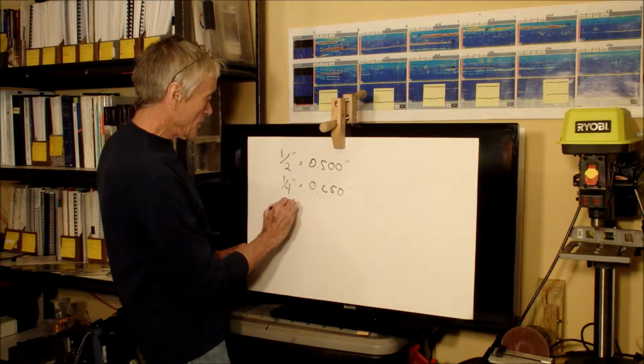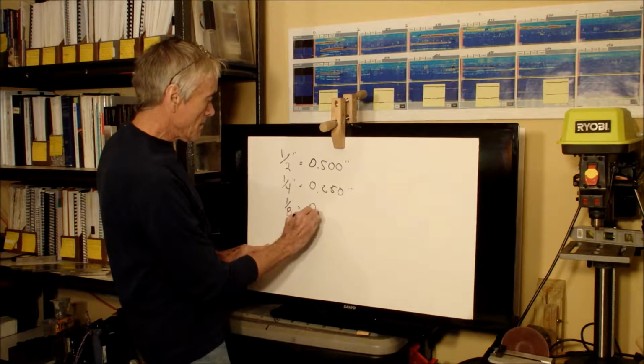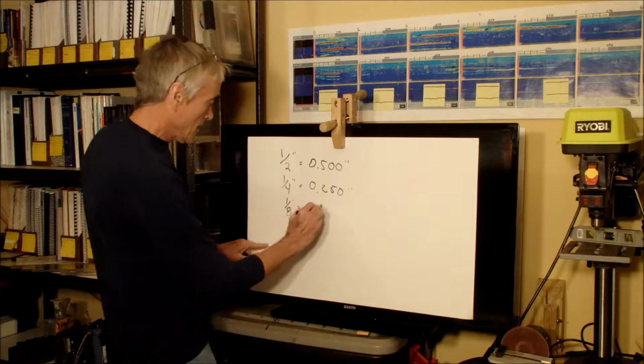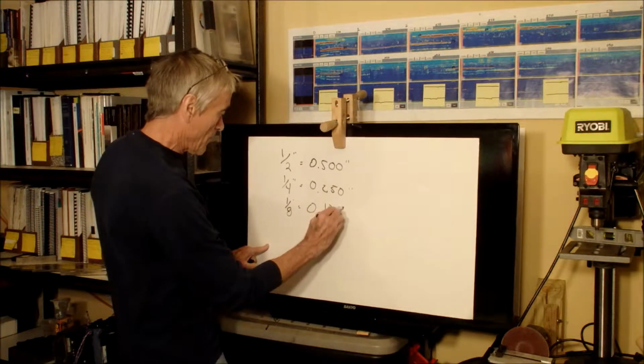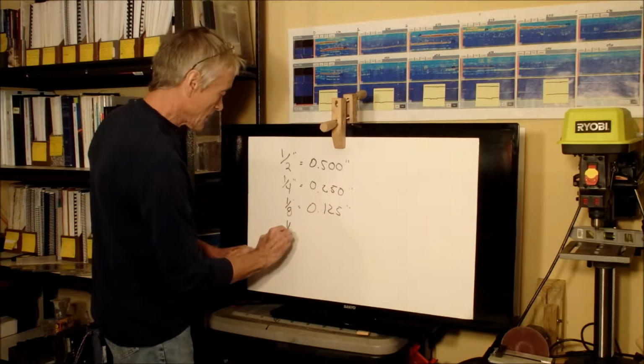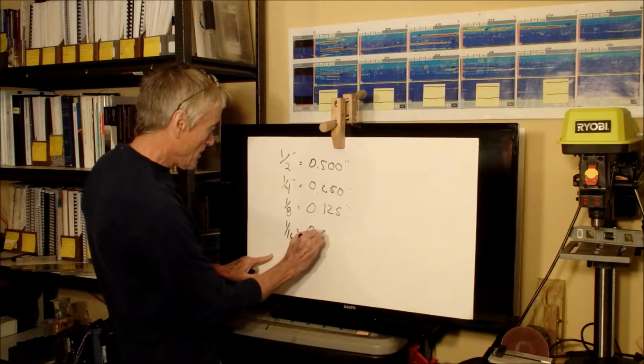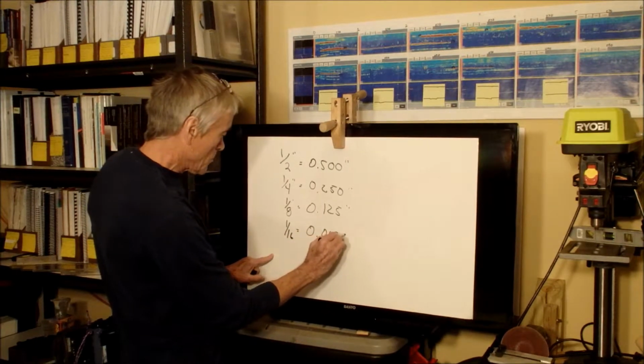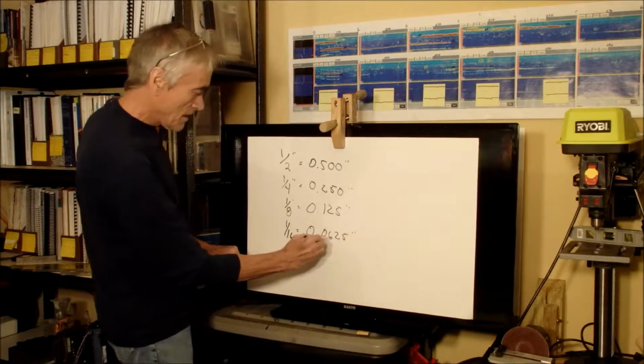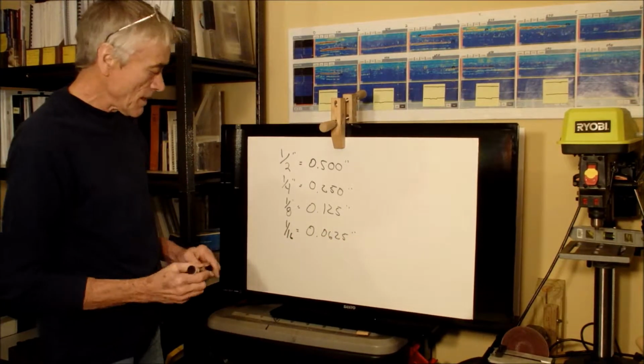Or an eighth of an inch would be half of 250, 125 thousandths. Or a 16th of an inch. In exact terms, that would be 0.0625. That's actually in 10 thousandths of an inch.